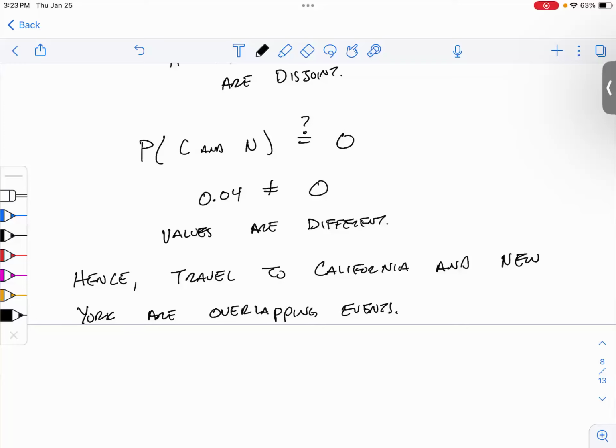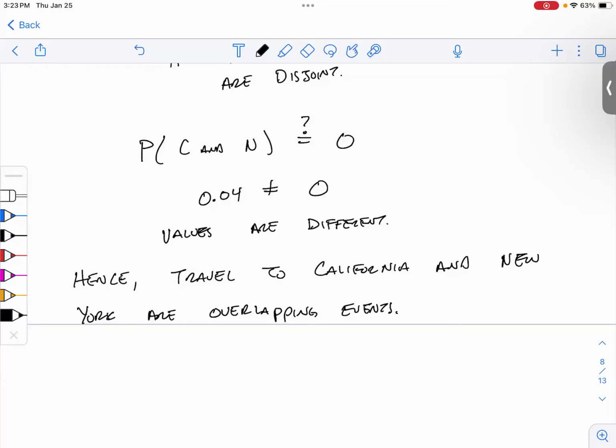The biggest thing is that in statistics, it is the words that make the context. This is shorthand. A lot of times you could write this out in a sentence too: the probability of travel to California and New York is 4%. That is not 0. I can also see that in my overlapping picture. Hence, travel to California and New York are overlapping events.